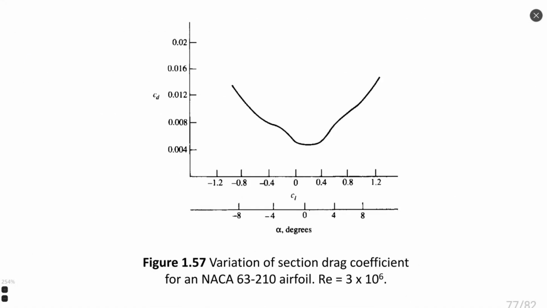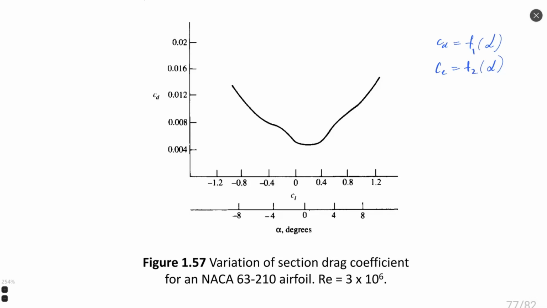Variation of drag coefficient with angle of attack and with the lift coefficient. We know that there is a relation that we might write: CD is some function of angle of attack. We also know that CL is another function of angle of attack.